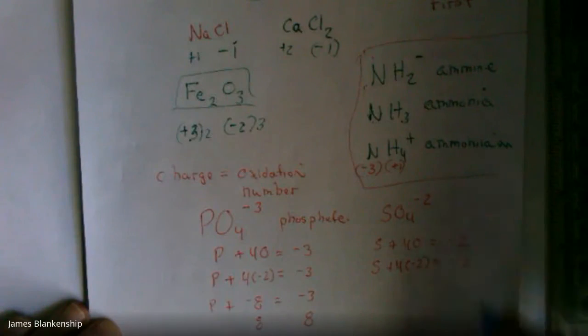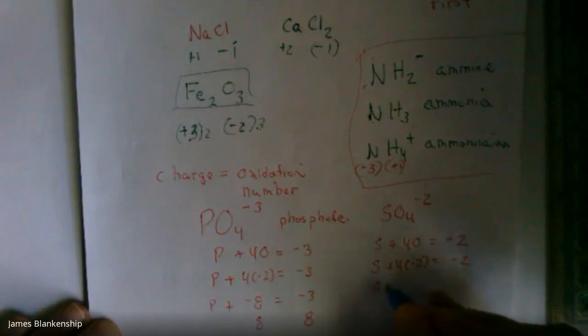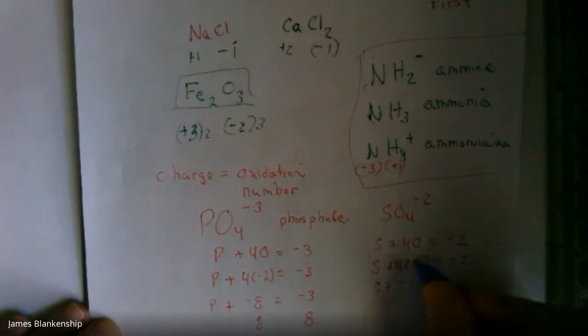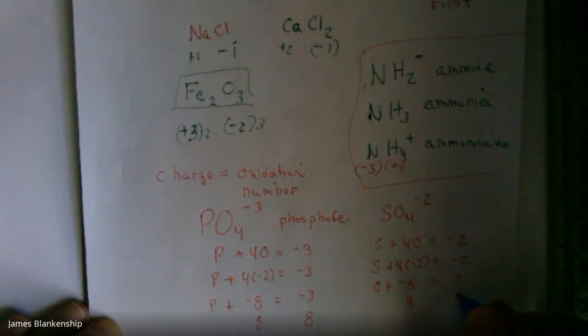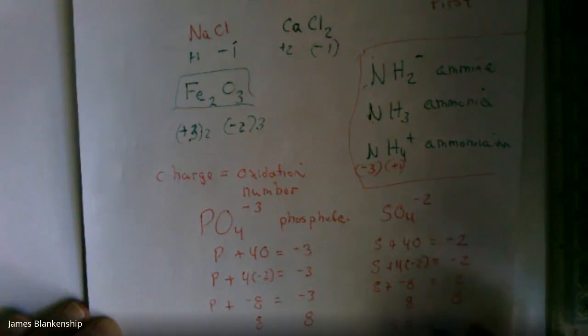This gives us an overall -2. Sulfur plus a negative, and this becomes a -8, gives you a -2. Add your 8, add your 8, and that tells you that sulfur's charge is a +6.